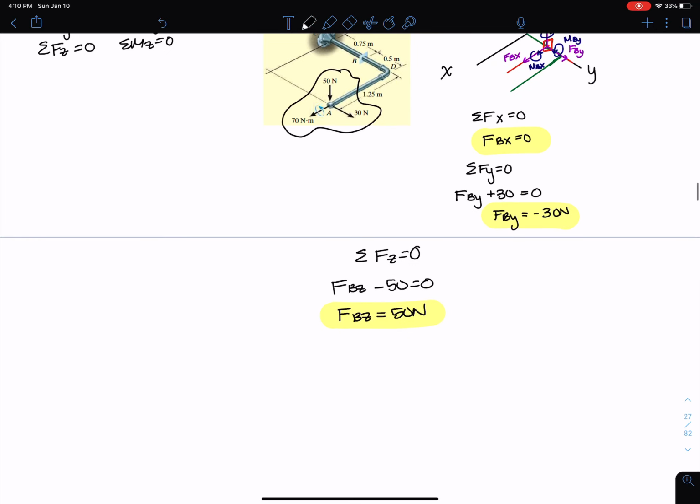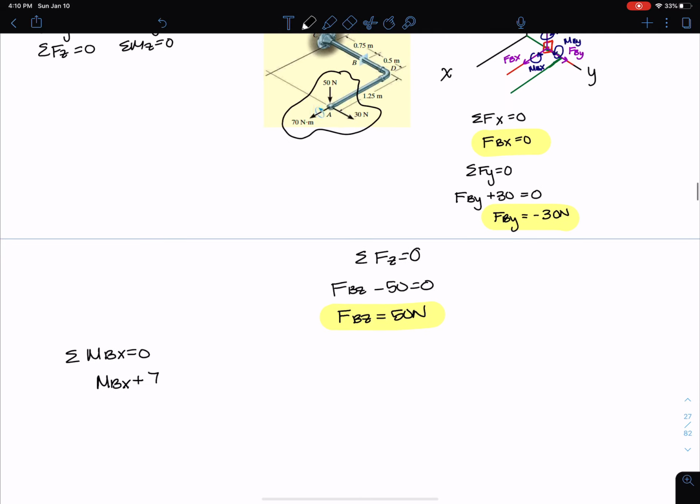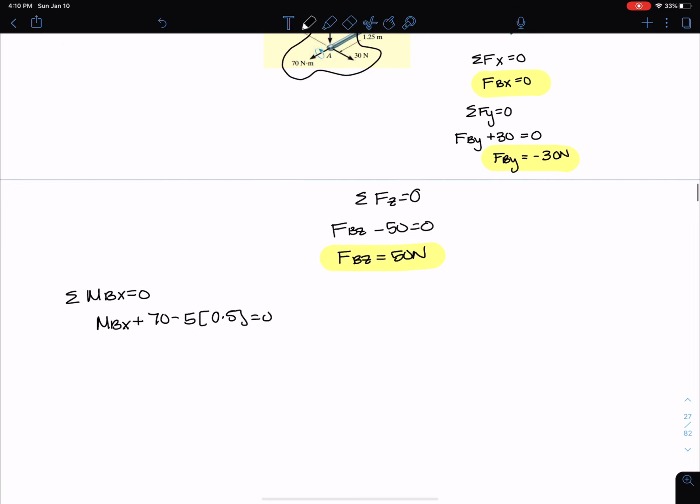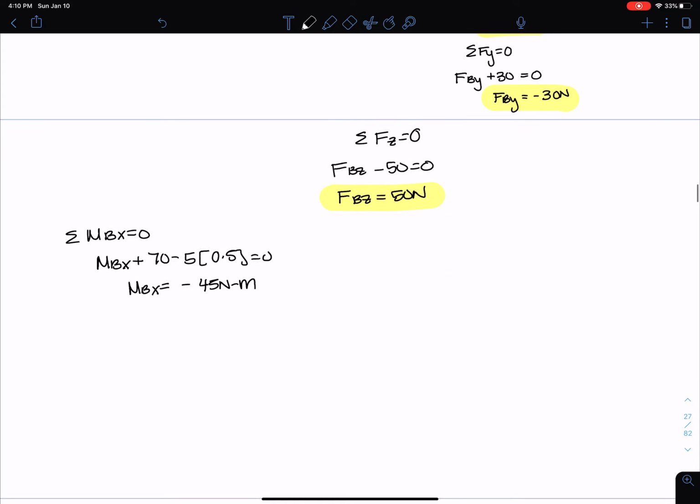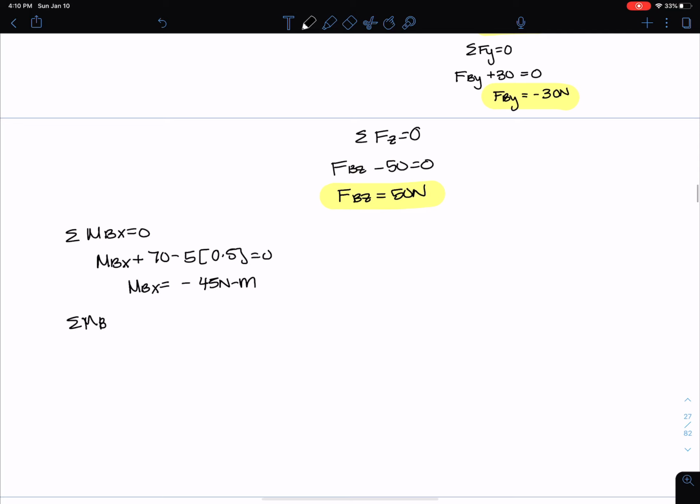Okay, now for my moment sums. I have 2 more equations to use and 2 more unknowns, so it's going to work perfectly.